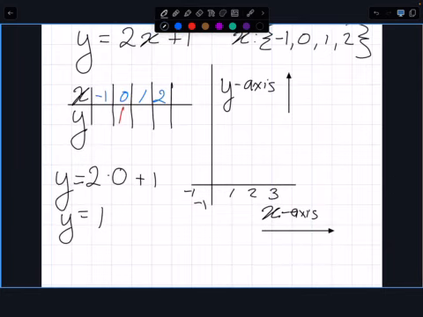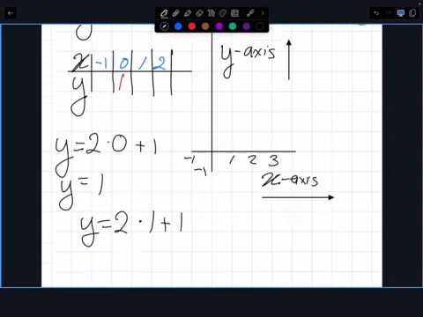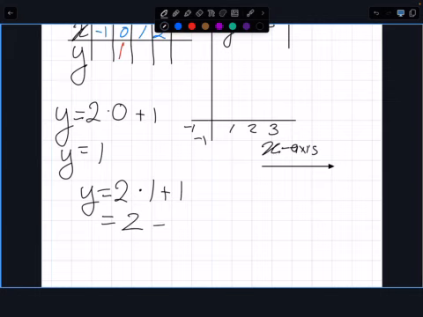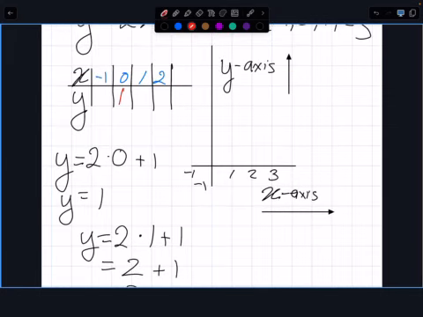At x is 1, what belongs to y? Y is 2 times 1 plus 1. Your answer is 2 plus 1, and that becomes 3. Y value is 3.